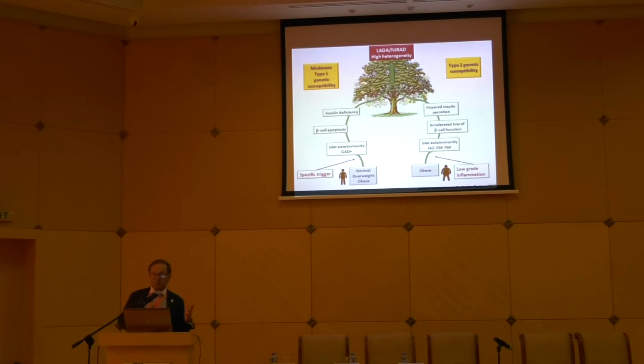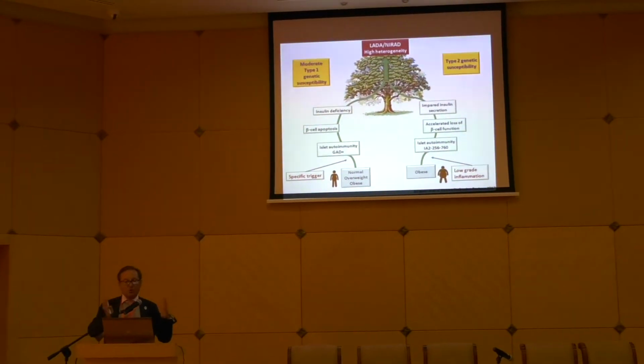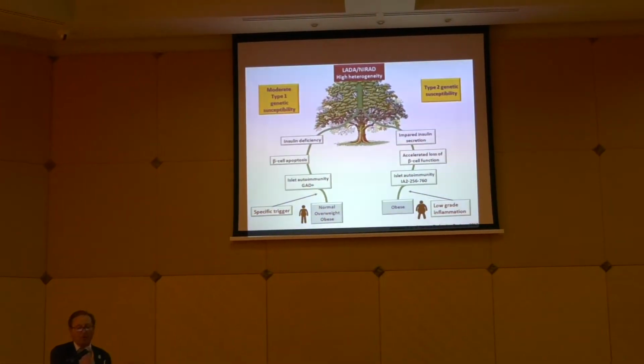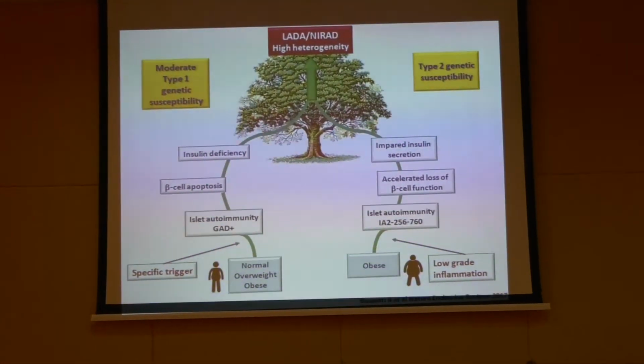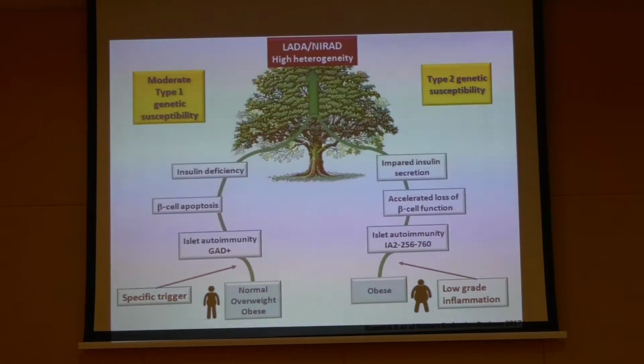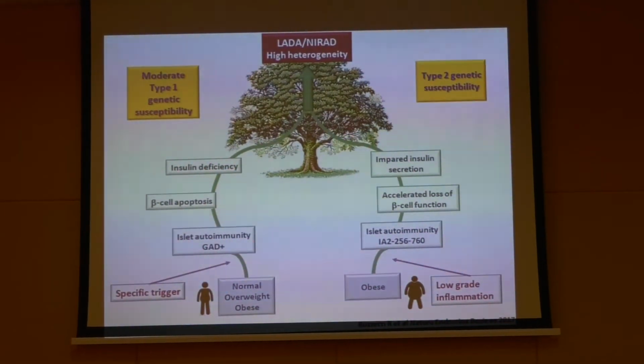So here is where the comparison between a moderate type 1 genetic susceptibility on top and the type 2 genetic susceptibility takes us to impaired insulin secretion. From the left-hand side, you have a normal, overweight, obese, specific trigger, allele, autoimmunity, beta cell apoptosis, insulin deficiency. On the other side, you have the obese patient with low-grade inflammation.